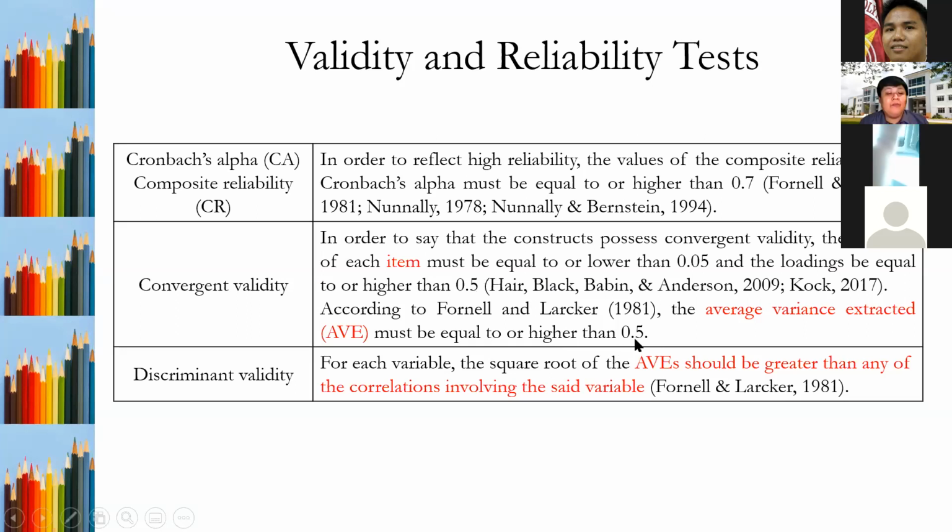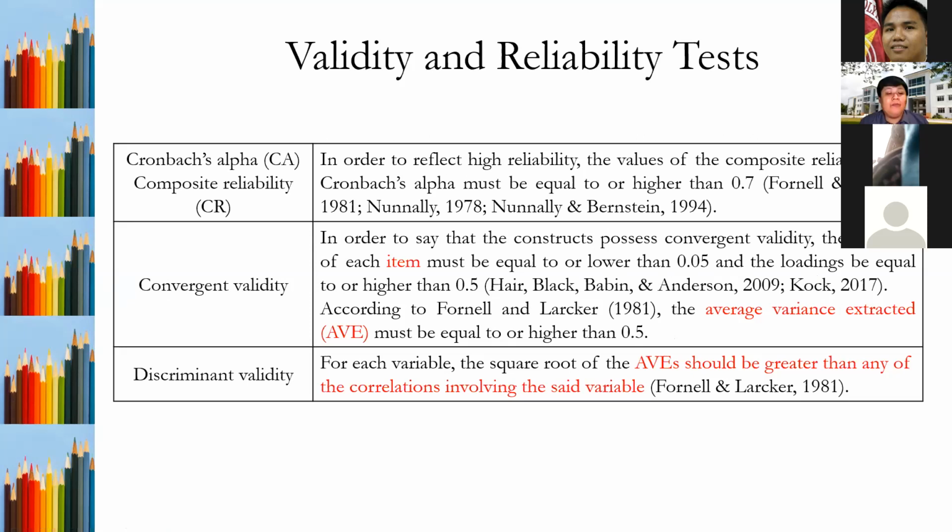The average variance extracted is also 0.5, according to Fornell-Larcker 2009 and Hair 2017. So in order for you to say that there is convergent validity, factor loading should be equal to 0.5, and your average variance extracted should also be equal to 0.5. And of course, each of your items should be significant. It means the p-value should be equal to or lower than 0.05. Okay, so that's the requirement for convergent validity.